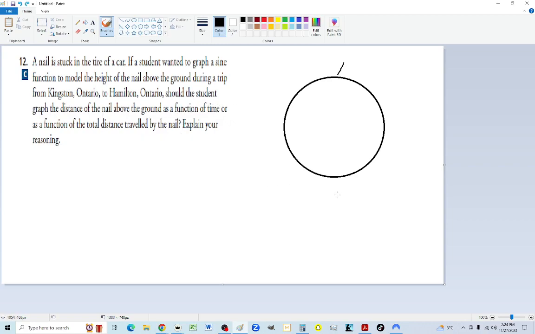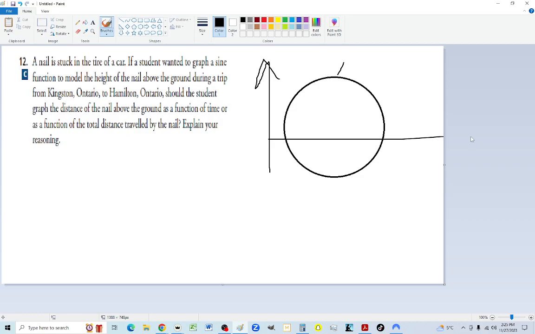So do you want time on the y-axis or distance on the y-axis? Or sorry, time on the x-axis or distance on the x-axis.